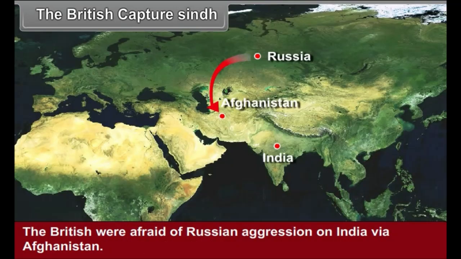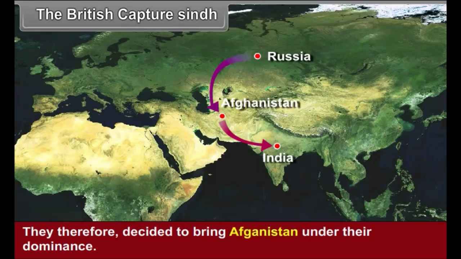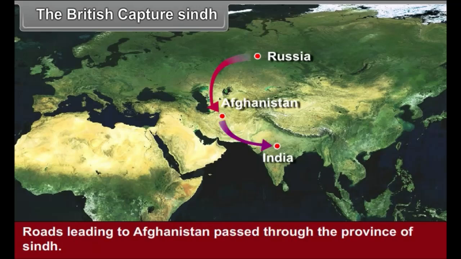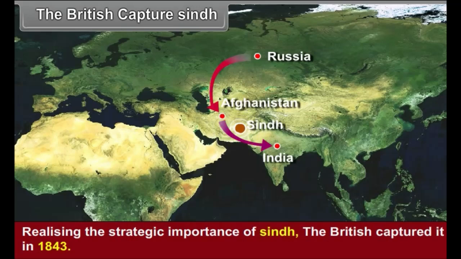The British were afraid of Russian aggression on India via Afghanistan. They, therefore, decided to bring Afghanistan under their dominance. Roads leading to Afghanistan passed through the province of Sindh. Realizing the strategic importance of Sindh, the British captured it in 1843.